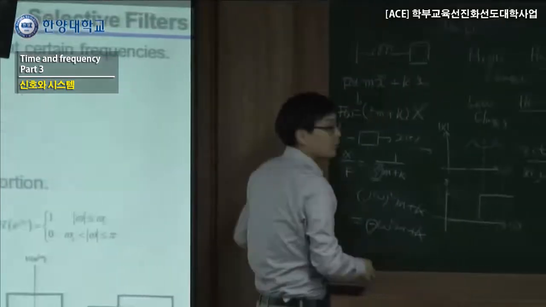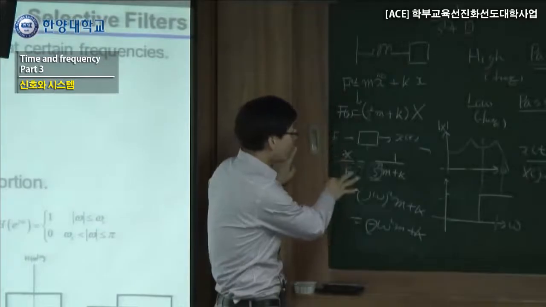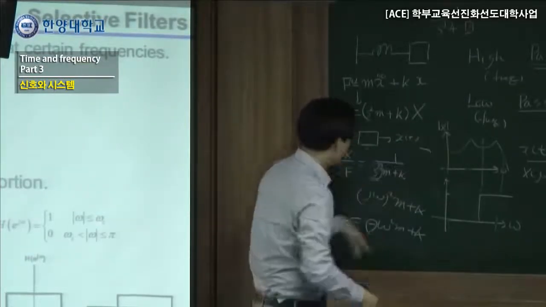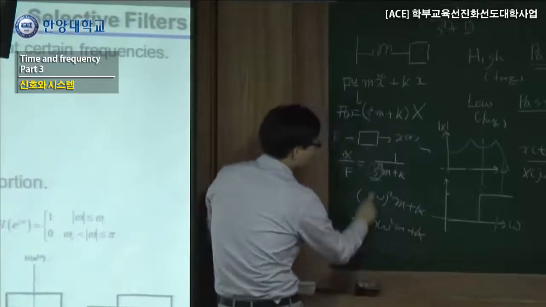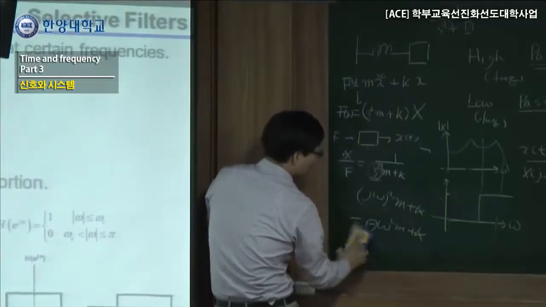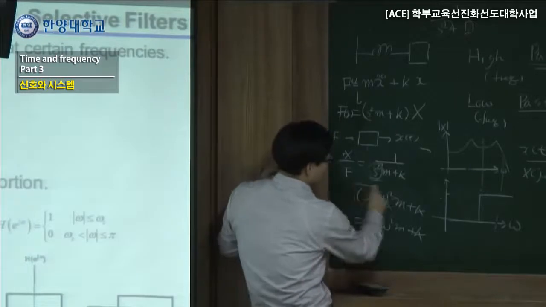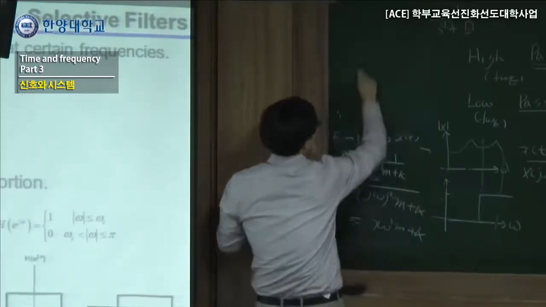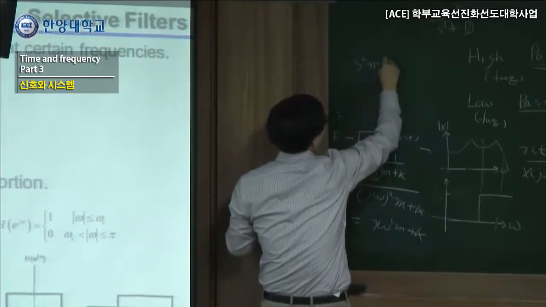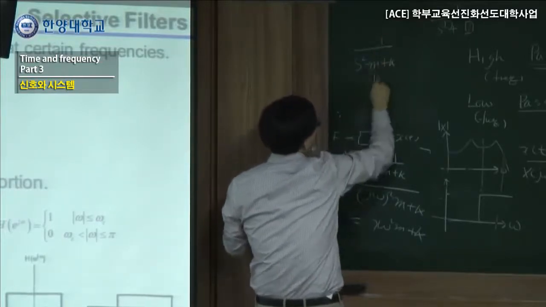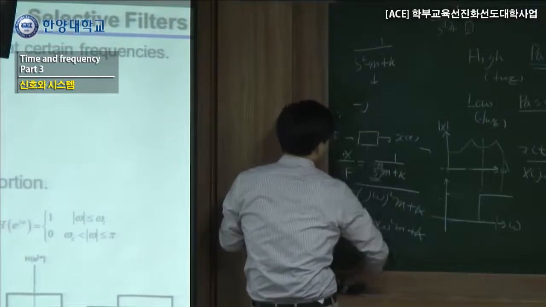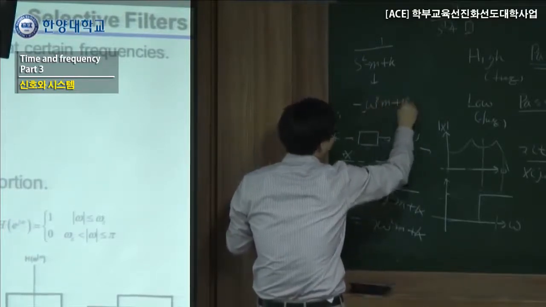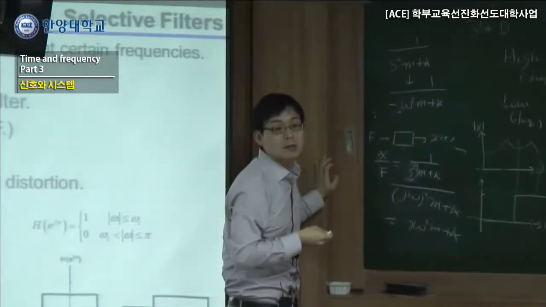So actually, you have to think about the phase, because the way I'm talking now is only the amplitude. We are not talking about phase yet. You can think in this way, like this, then you can change it to minus, like this, roughly.